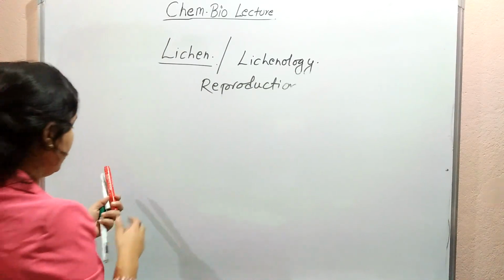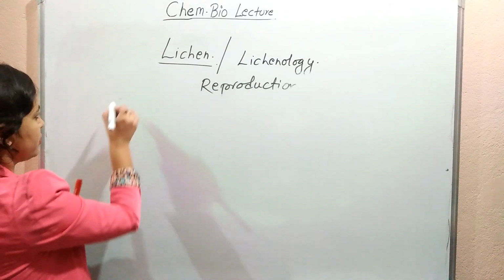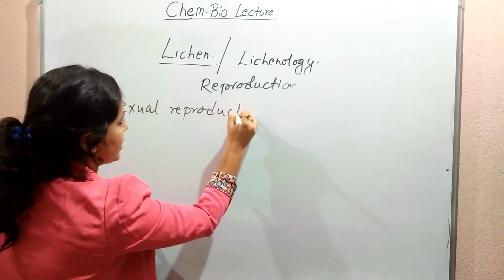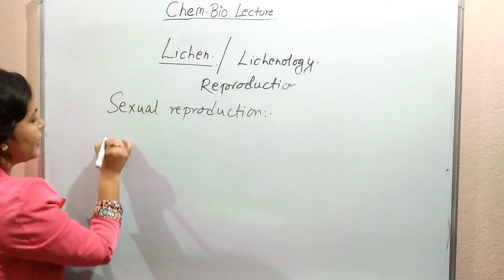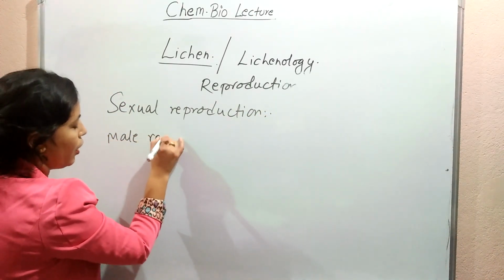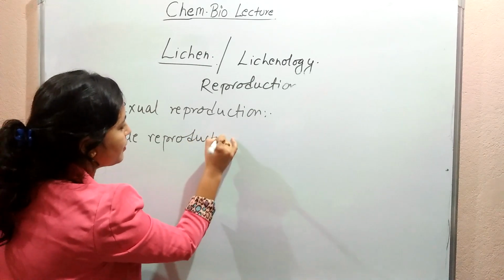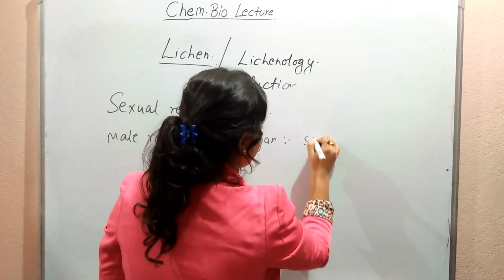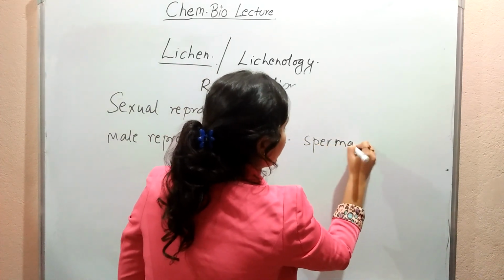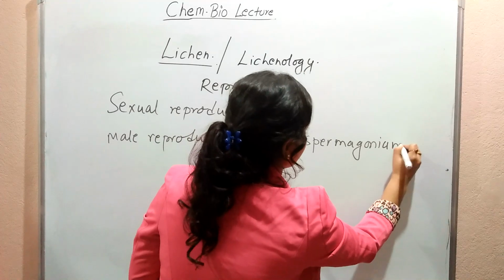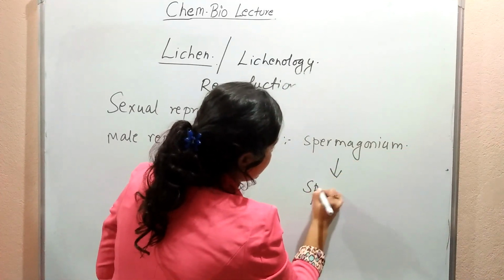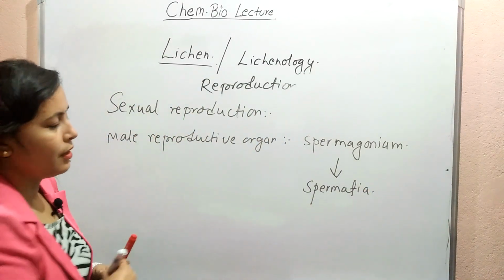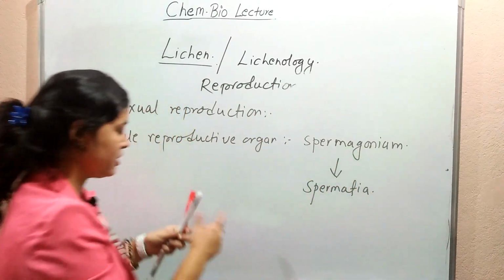Now let's see sexual reproduction. How does sexual reproduction occur? The male reproductive organ is called the spermagonium, and the spermagonium releases spermatia.